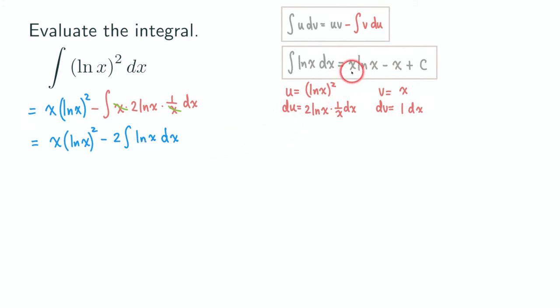So we are going to get x ln of x minus x, right? So that's our antiderivative. So our next step would be x times ln of x, and then squared, and then now minus 2. Okay, so one thing that's really important here is that when you put down the minus 2 and then when you copy the result from here, you need to remember that the negative 2 must be distributed to all the terms that we have in here, right?